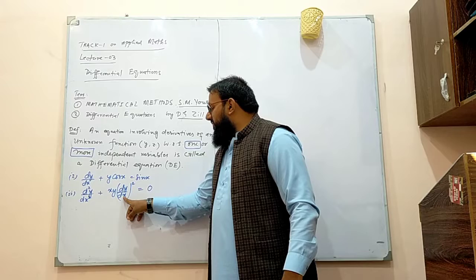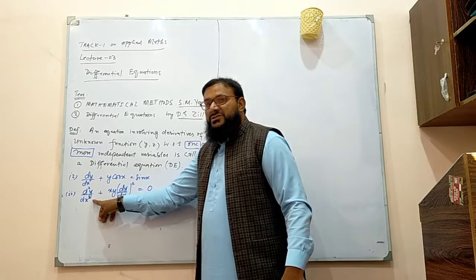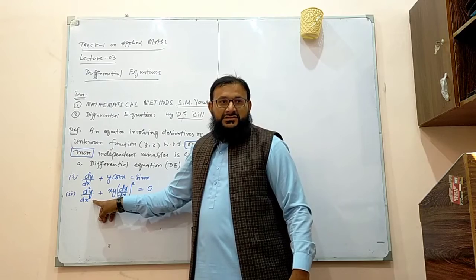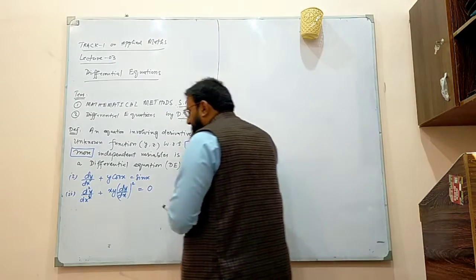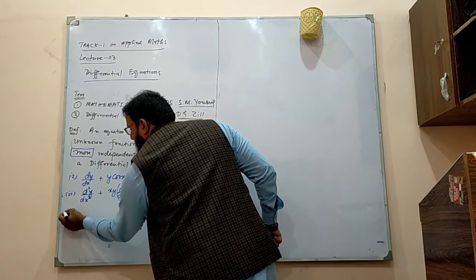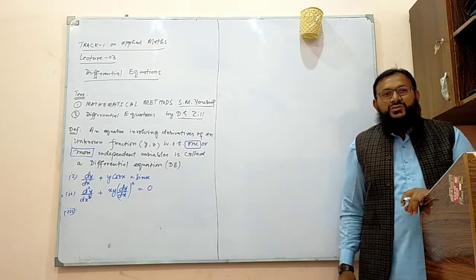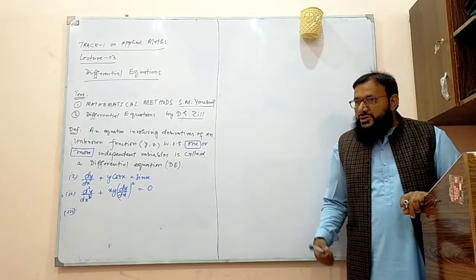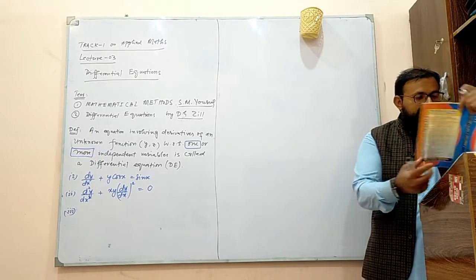But this derivative is only once, while this one is twice differentiable with respect to x. Let us see some other examples. I am writing these 4 to 5 examples because on the basis of these examples we will be discussing what order is, what degree is, and so on. So let me completely write all these equations.